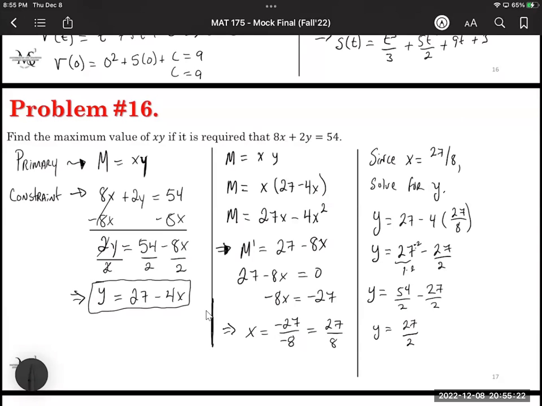So your solution now is that the max product xy is going to be 27 over 8 times 27 over 2. The good thing is I don't have to multiply these two numbers. Once I have x, once I have y, when I multiply them, it gives me my maximum product, right? So this will be your max product.